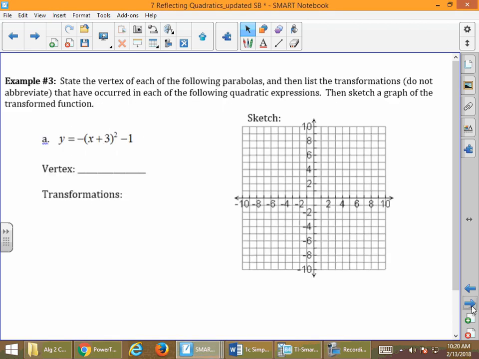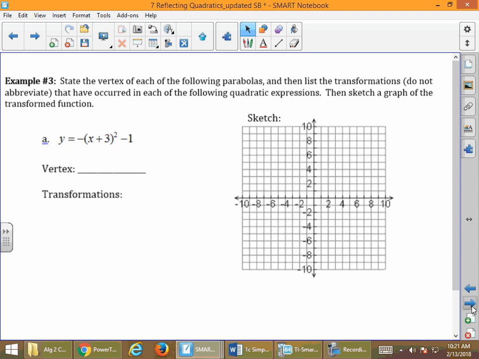Flipping the paper over now, our real notes, not the transformations table. What we're going to do is state the vertex of each of the following parabolas, then list the transformations that have occurred in each of the following quadratic expressions, and sketch a graph. Remember the vertex.